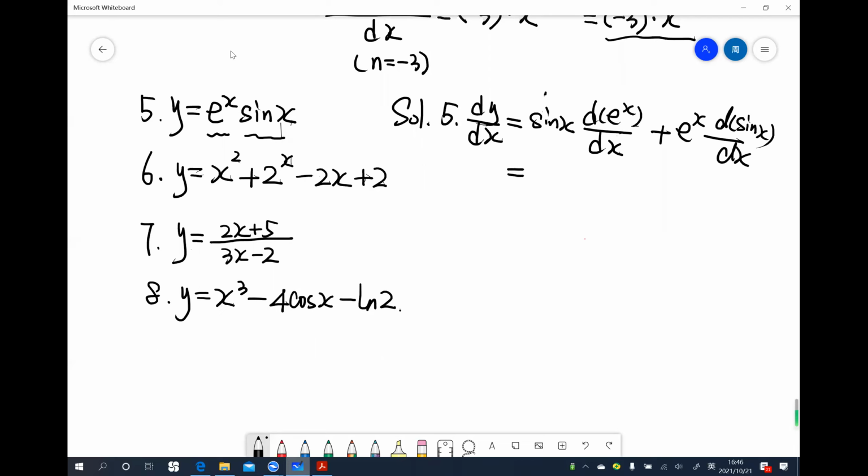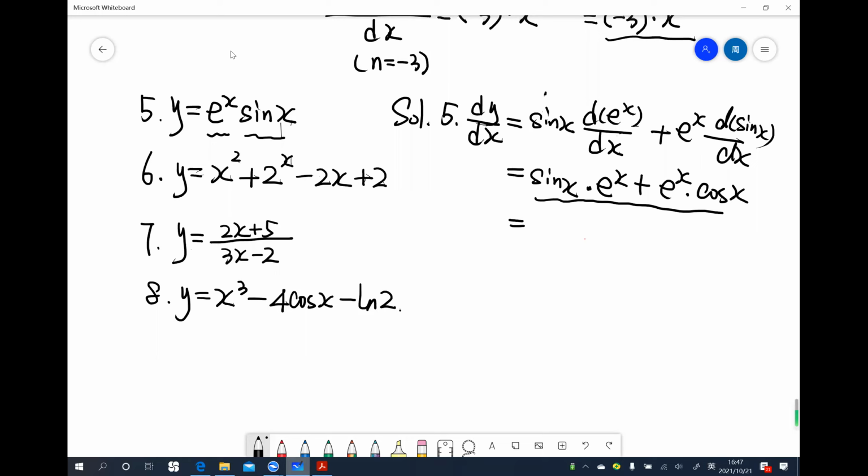So that equals to sin x times, here, d(e^x) by dx, we have the formula that equals to e^x. And plus here, e^x times d(sin x) by dx equals to cosine x, right? So here, this is the result.